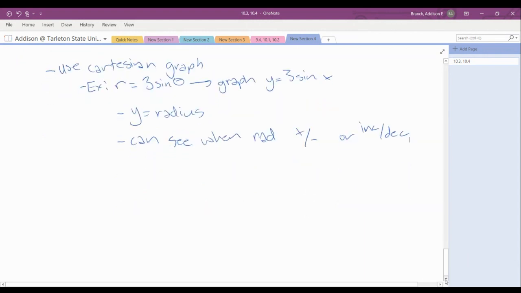And then another tip that we can use is actually symmetry. If you see these patterns, then you can go ahead and apply them. Essentially, if f of negative theta is equal to f of theta, then your graph is going to be symmetric about the polar axis.